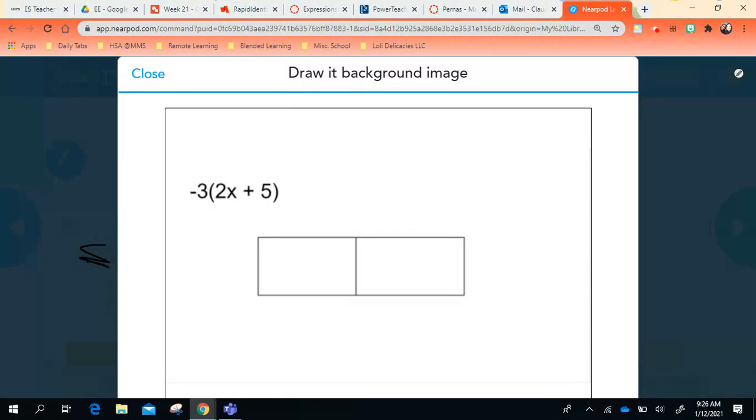Remember, you're doing this on your computer screen. Okay, everybody's looking pretty good. Don't forget to rewrite it at the bottom once you finish solving.